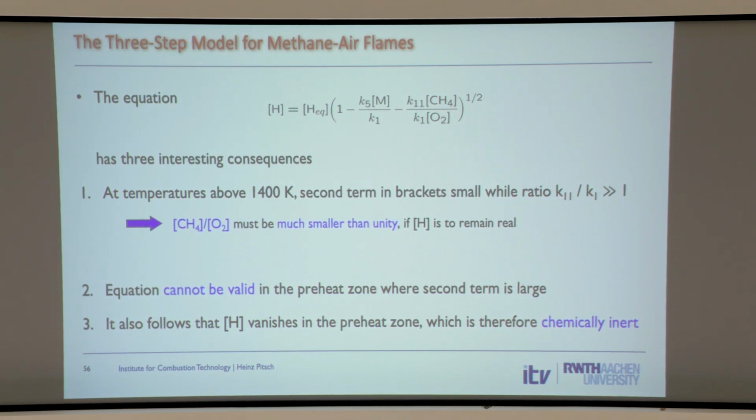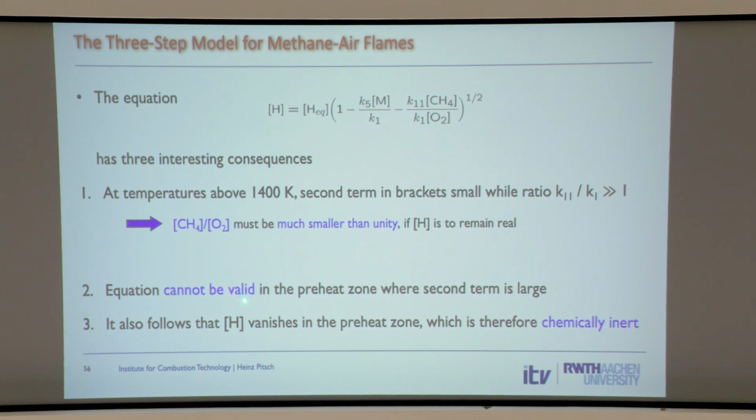So for high temperatures, you only get a real solution if this ratio, methane to O2, is very, very small, okay? So that means in the inner layer, the methane needs to be consumed quickly, and it must be close to 0 at these higher temperatures. So that's number 1 we see here.